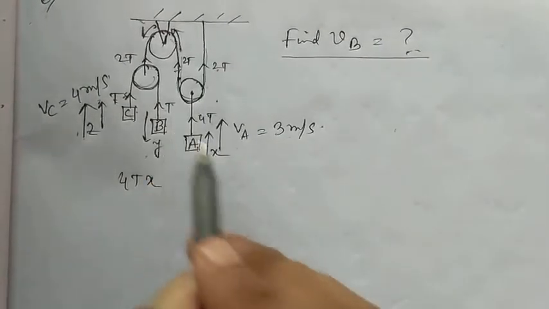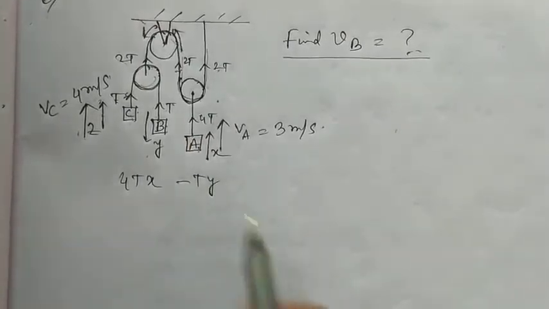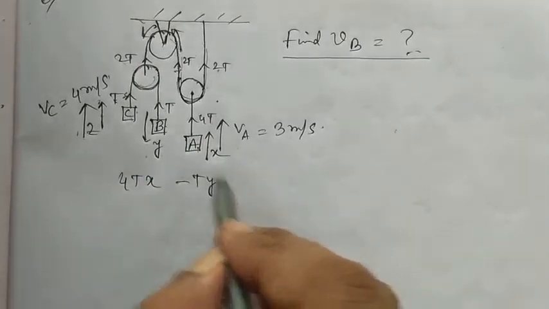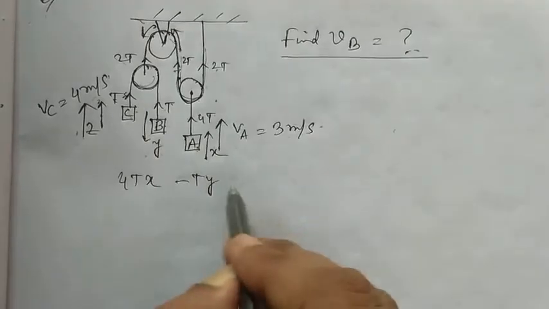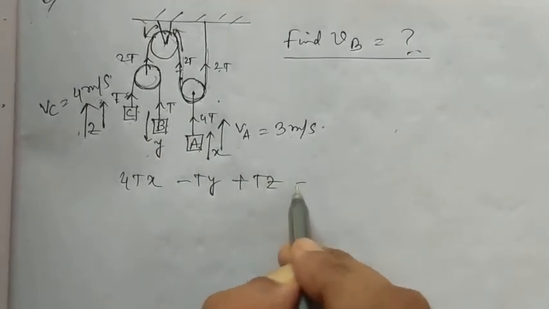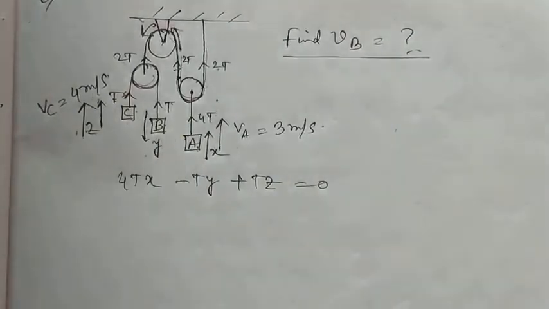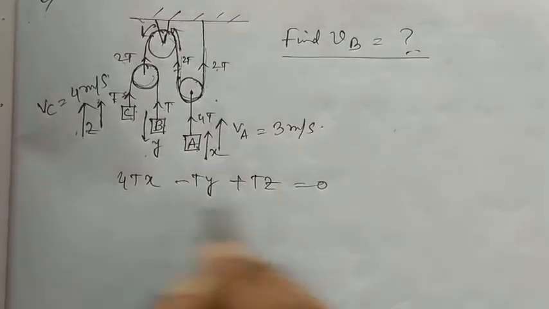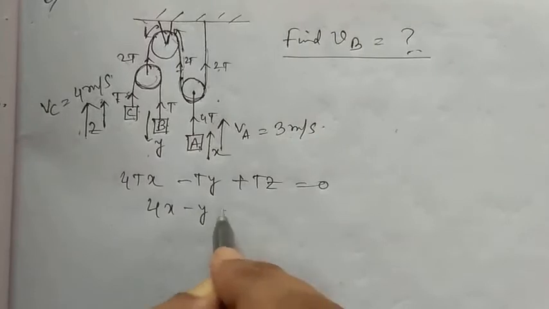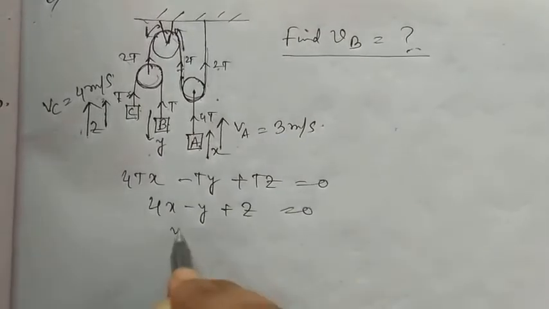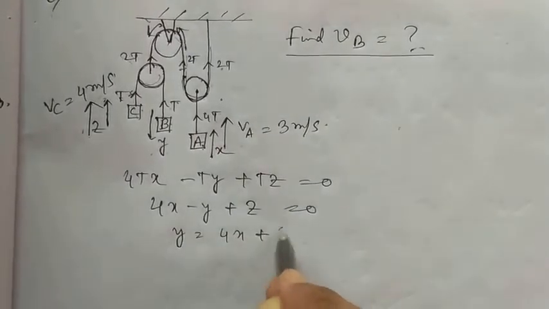For the block B, we have to write it as minus TY, because T and Y are oppositely directed. Also for C, we have to write TZ plus TZ, because T and Z always are acting in the upward direction. So from this, if we eliminate T, we get 4X minus Y plus Z is equal to 0. So Y is equal to 4X plus Z.